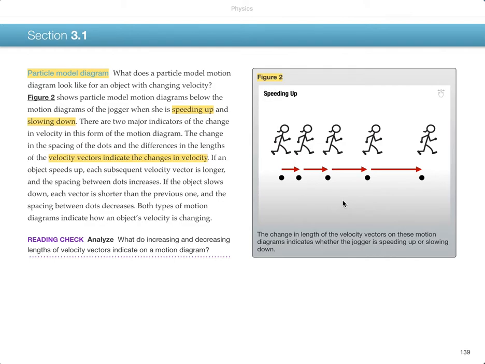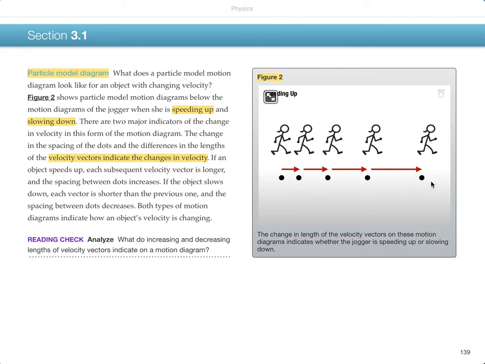Simple language. In physics language, you could say these red arrows are the difference between two positions. The change in position is called displacement. So these red arrows could be thought of as displacement arrows between adjacent time intervals. But remember, velocity is displacement divided by the time interval, delta t.